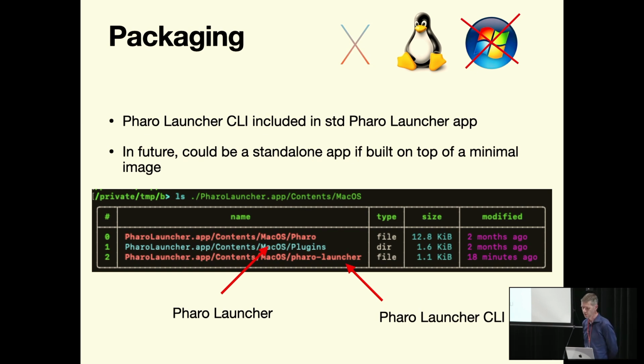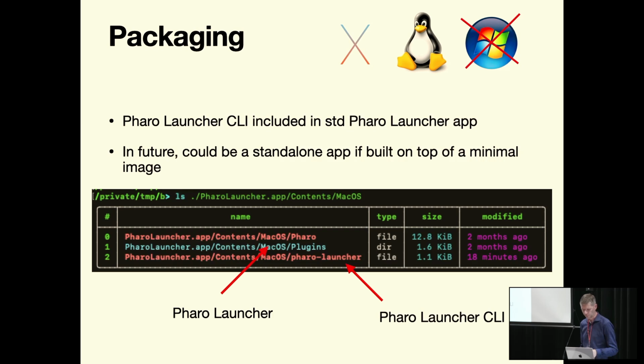About the packaging of Firewall Launcher command line. For now, the choice is to include the Firewall Launcher command line in the standard package of Firewall Launcher applications. So if you download Firewall Launcher, you will have both the UI version and the command line. In the future, it could be a standalone application that will not have all the UI layer, but it's another story.